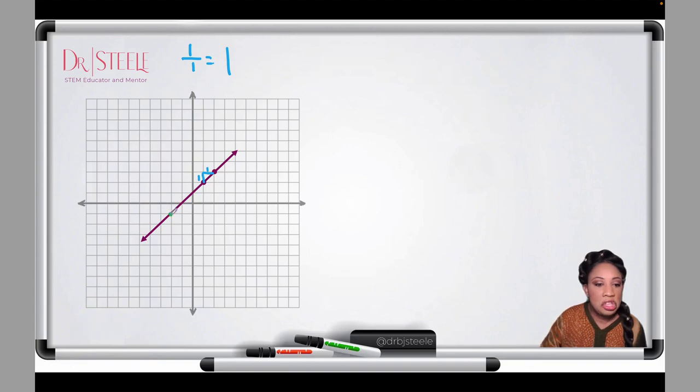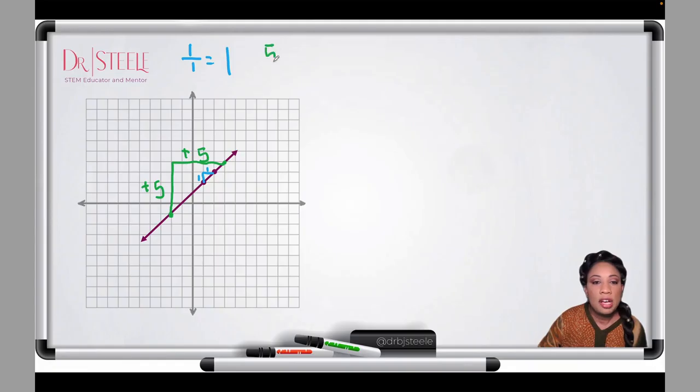Let's choose this point and this point. We're going to go up 1, 2, 3, 4, 5. And we're going to go over 1, 2, 3, 4, 5.